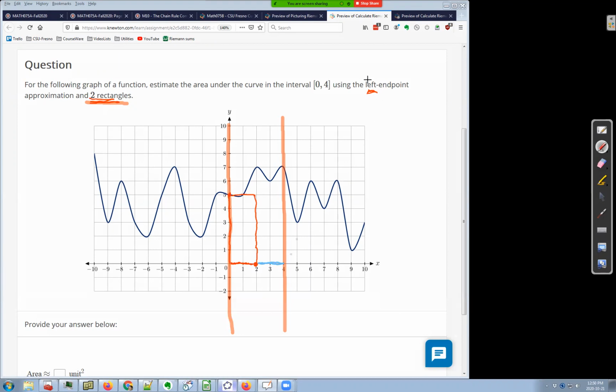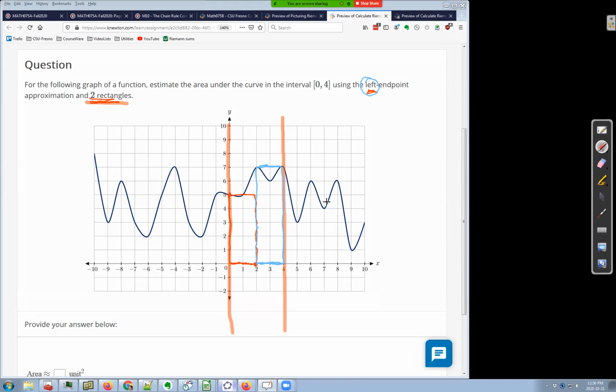And again, since it's a left rectangle, I start at the left-hand side of the second rectangle and I go up until I hit the function. And then I go straight over, sorry, I'm very shaky. And then that is my second rectangle.